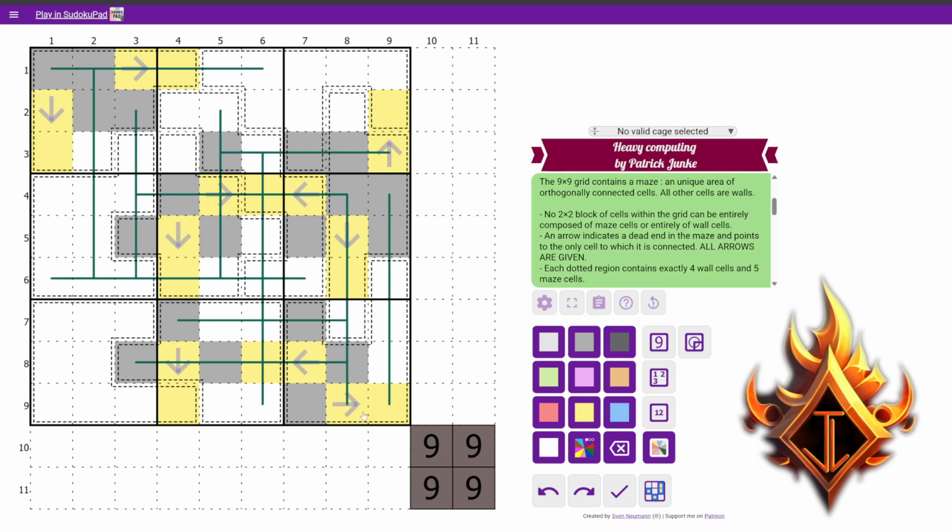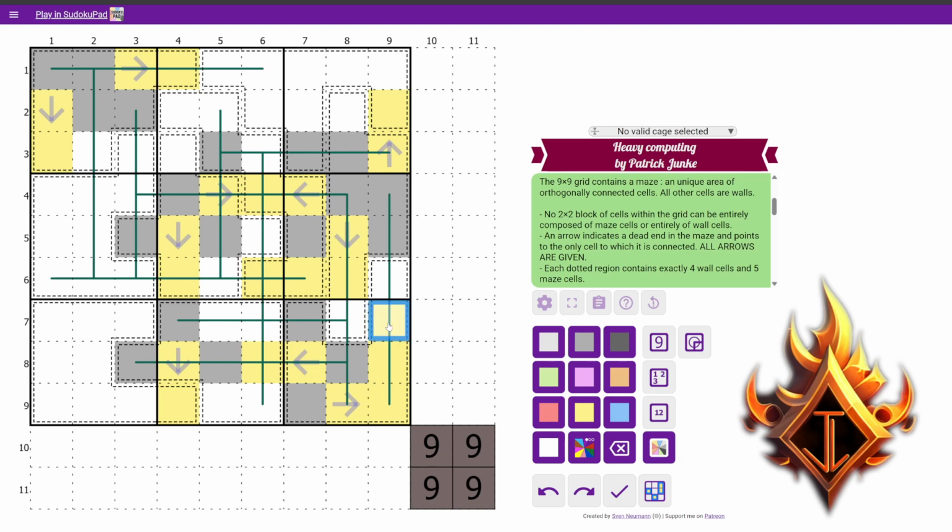Now all of these maze cells also touch orthogonally, so this one is going to have to eventually get out. These two are eventually going to have to get out, and that's it for being trapped for now.